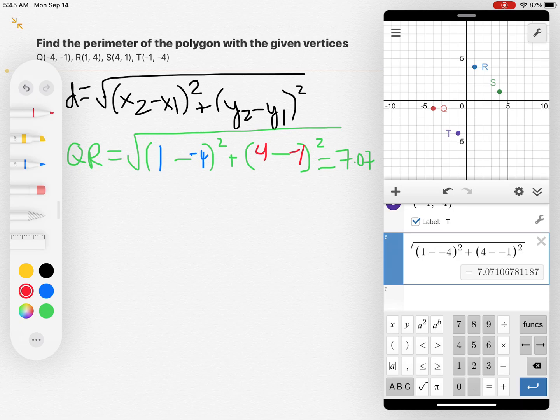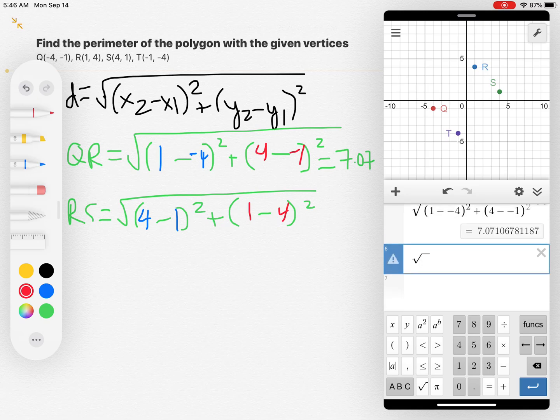Let's do RS next. Again, I'm kind of just setting up my equation. I'm going to plug in my x's and y's. All right, S's x coordinate is 4, R's x coordinate is 1, and then looking at our y's, S's y coordinate is 1, R's y coordinate is 4.